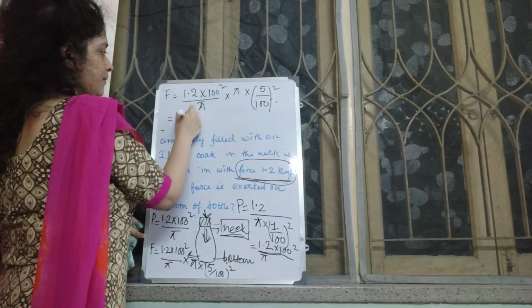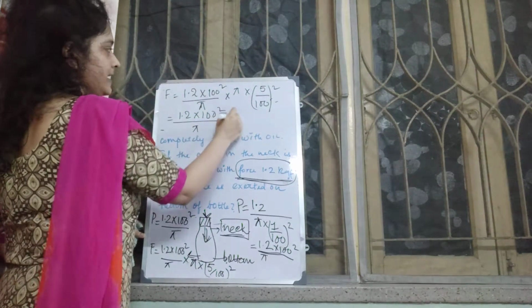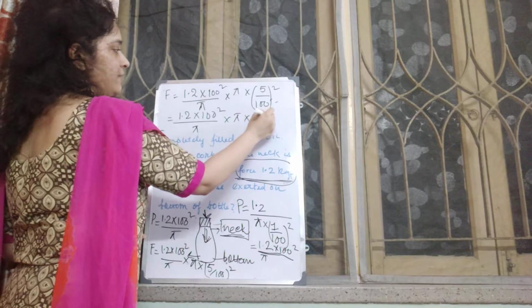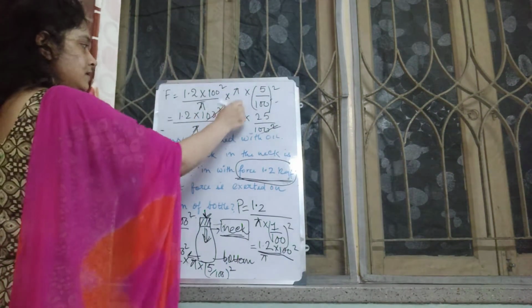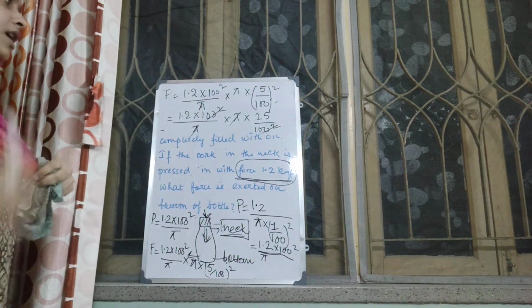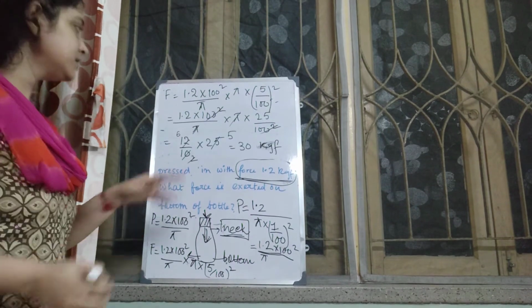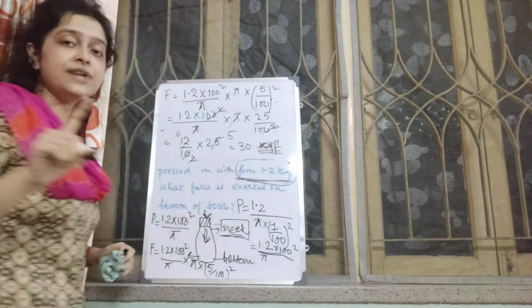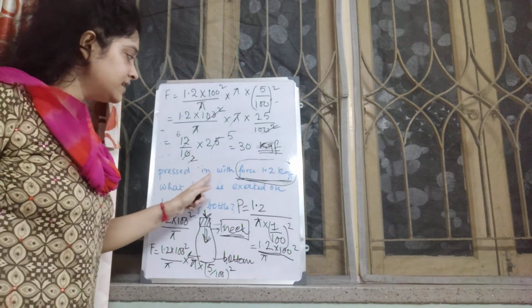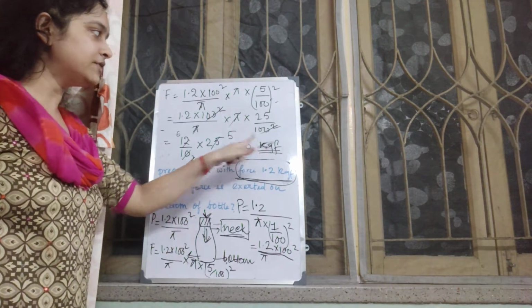That means 1.2 into 100 square by pi into 25 by 100 square. So, see the calculation. The unit is kgf, don't write Newton, because in the question force was given in kgf. So, in the answer the unit also will be kgf.